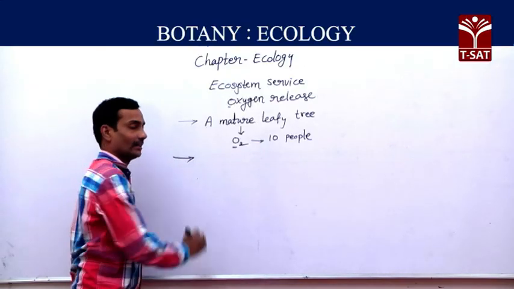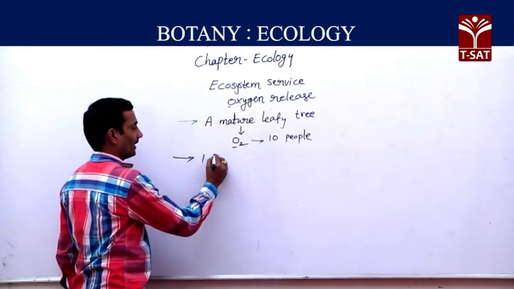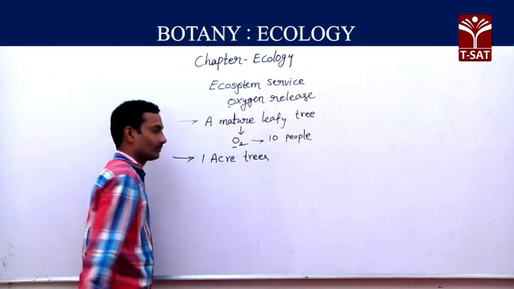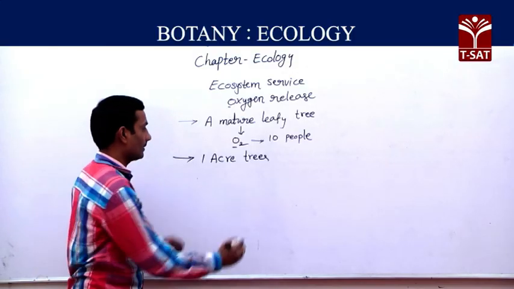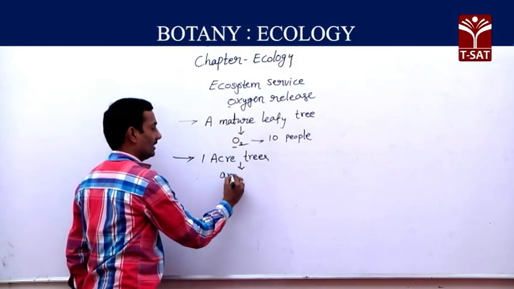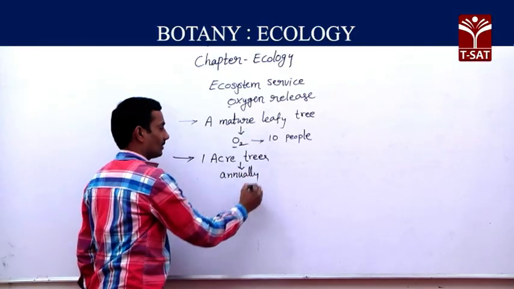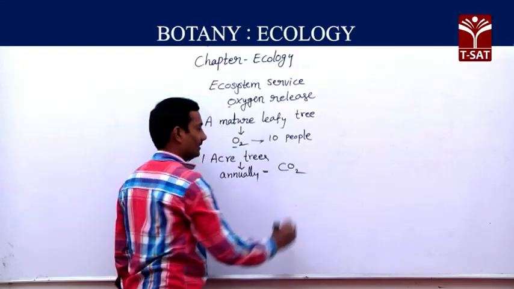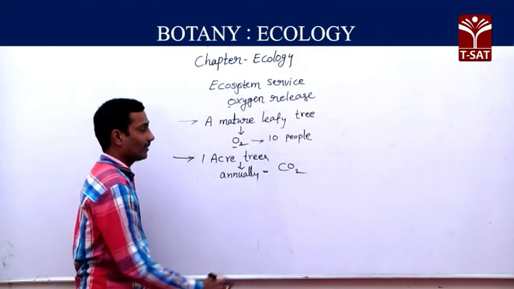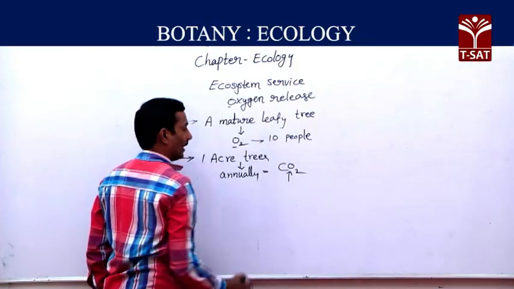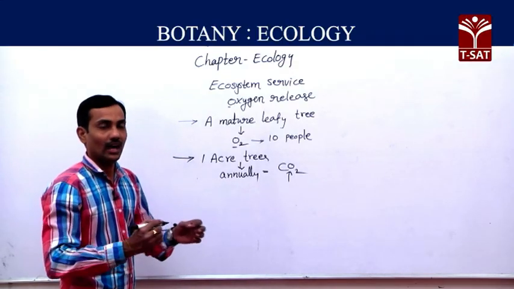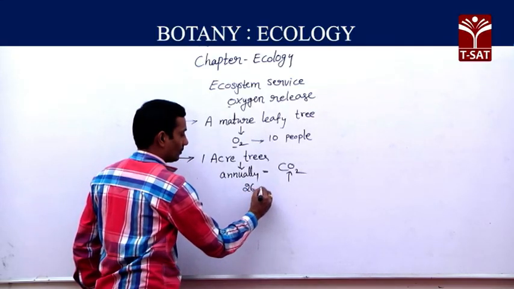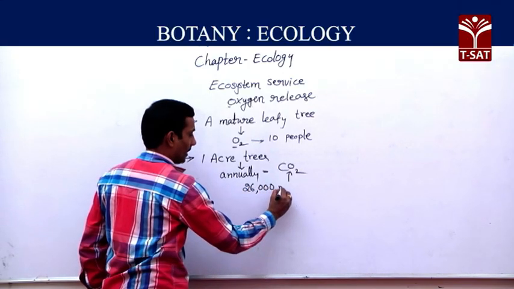In the same manner, 1 acre of trees consumes annually more carbon dioxide. That carbon dioxide is emitted by a normal average car if a person drives 26,000 miles.